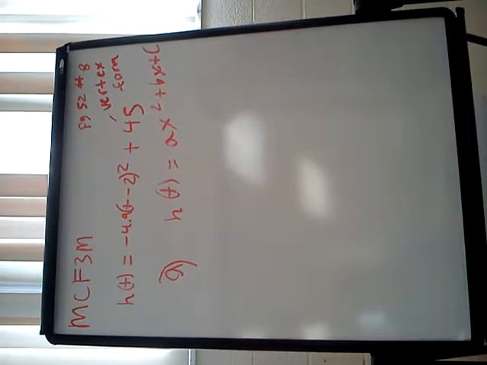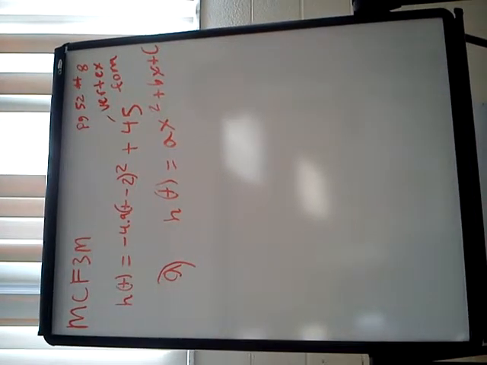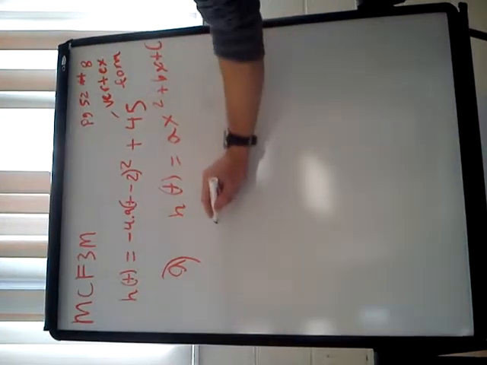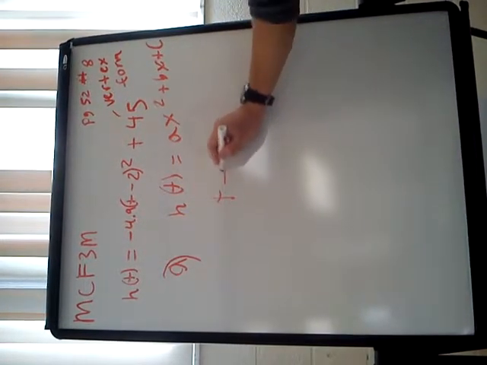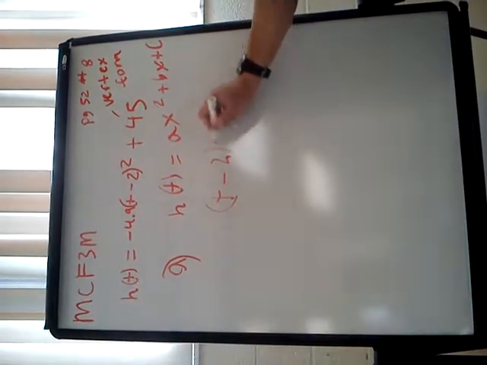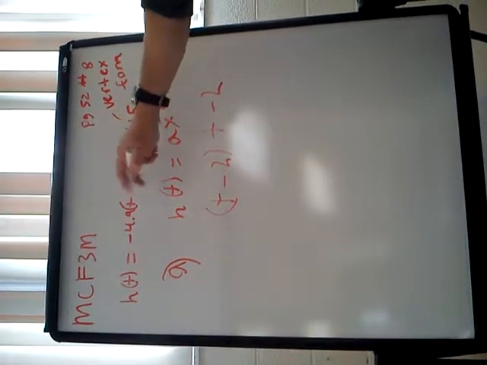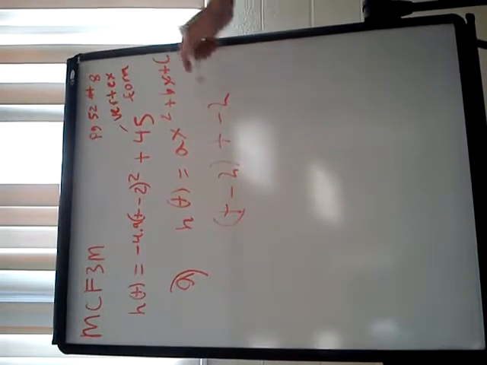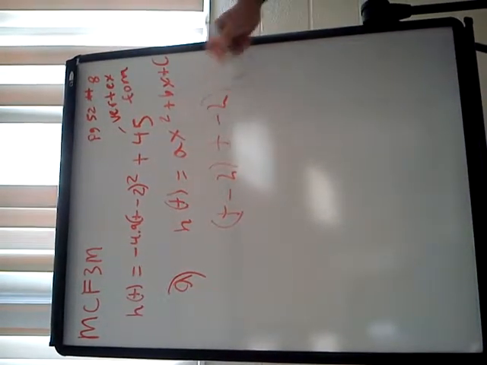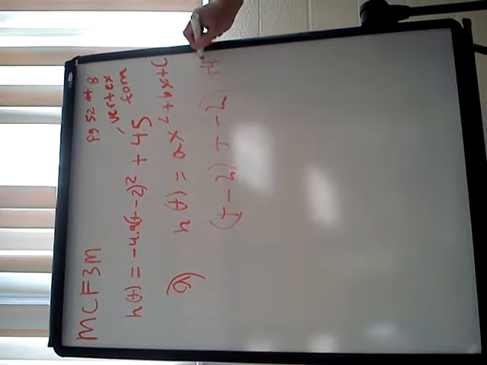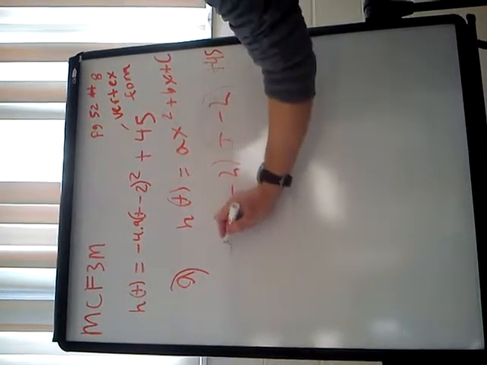The way we can convert this is through FOIL, or first, outside, inside, last. We're going to do (t - 2)(t - 2), because (t - 2)^2 is (t - 2) times (t - 2). On the outside, we're going to have plus 45, and over here we're going to have our -4.9.